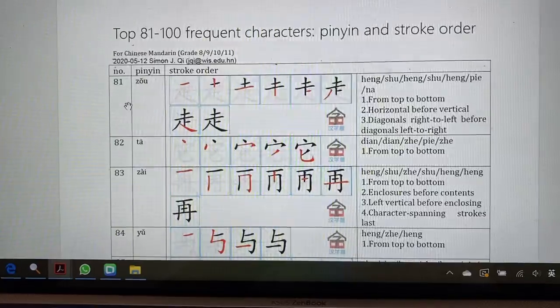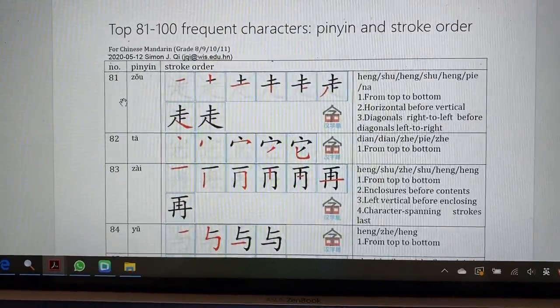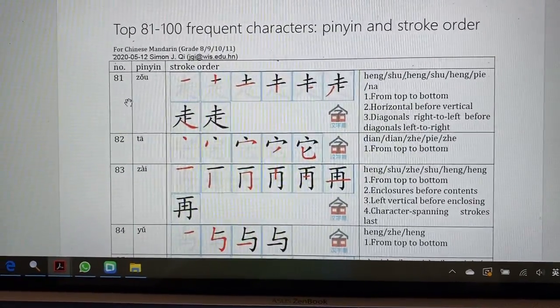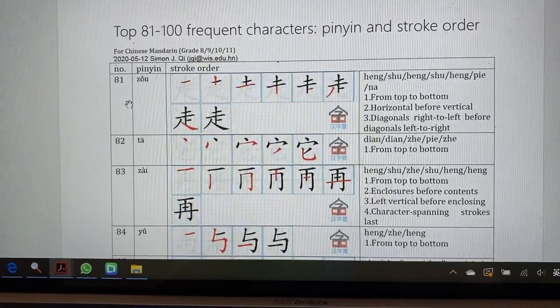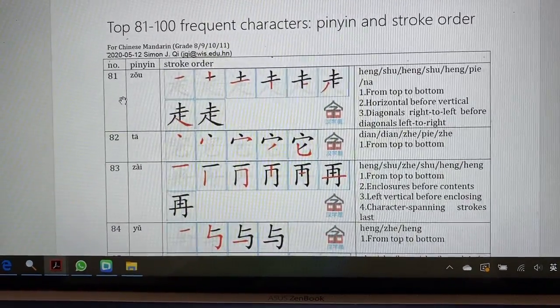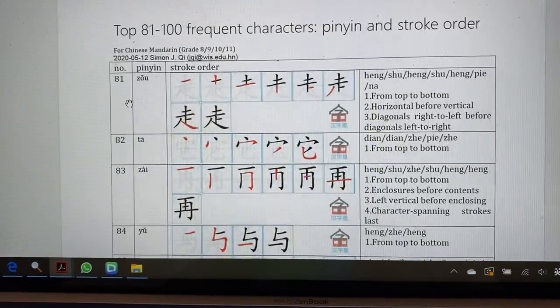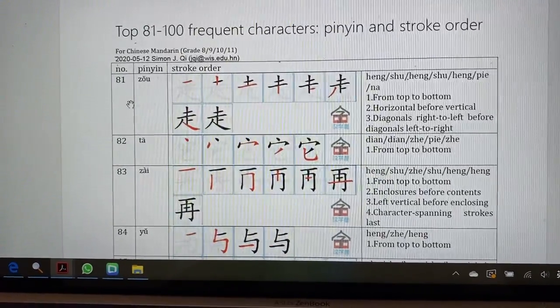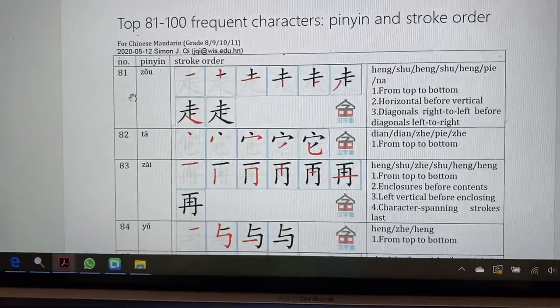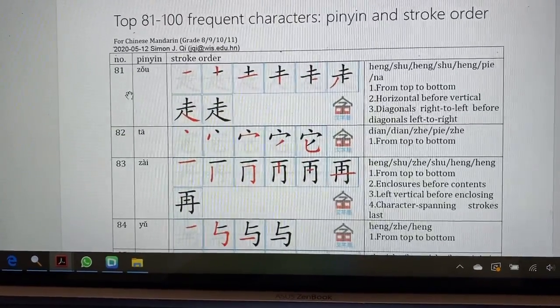So maybe you still remember that I emphasized the left and right structure. In some cases, the left part is wider than the right part, but in more cases, actually, the right part is wider than the left part.